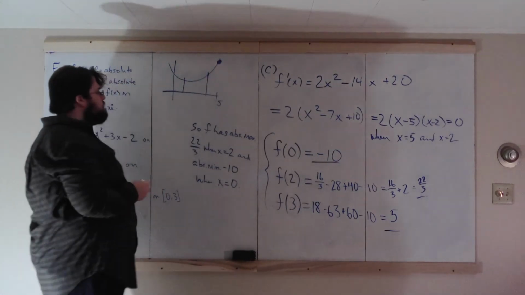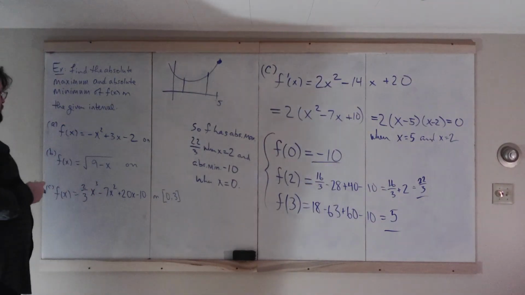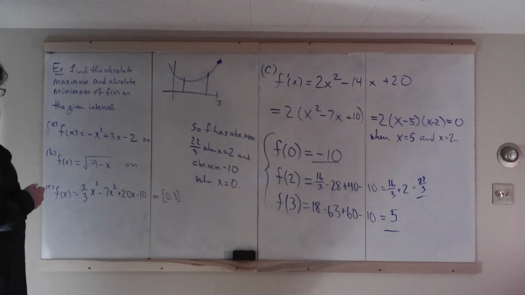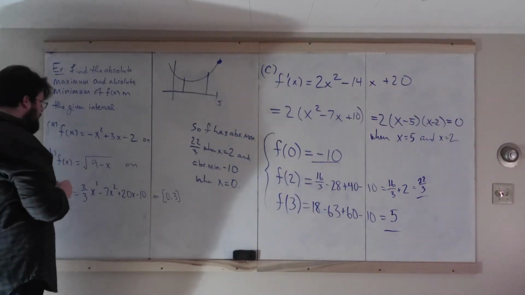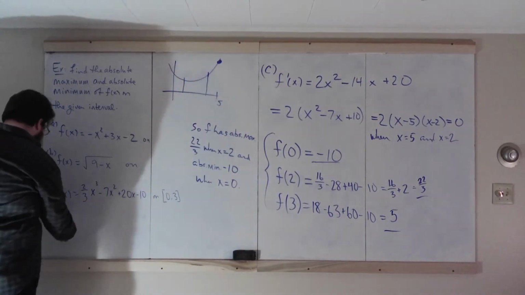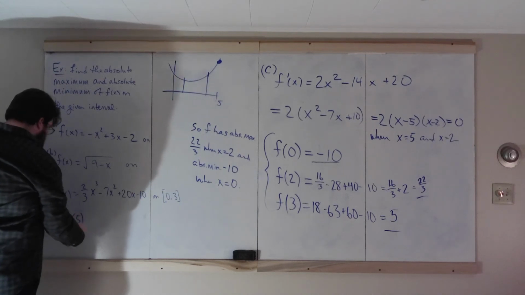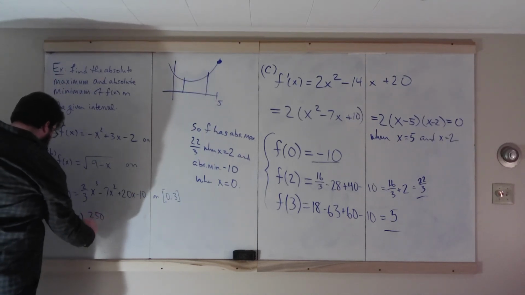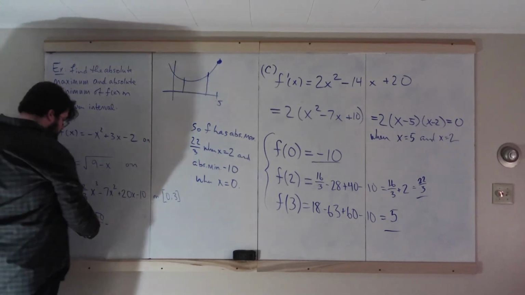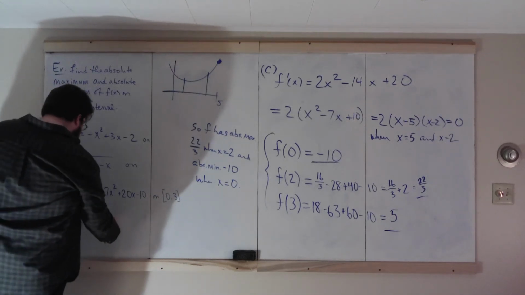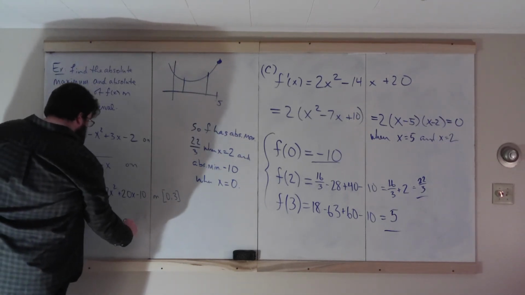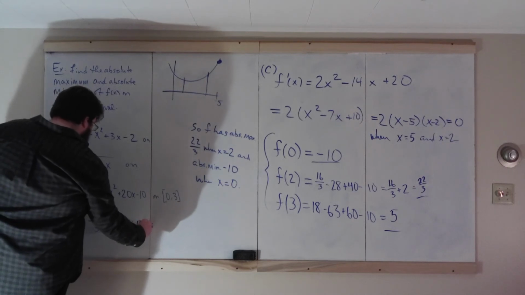You substitute 5, what do you get? I hope I set it up to be larger than 7 1/3. What happens if you get 5? F of 5 is 250/3 minus 7 times 25, 175, plus 100, minus 10.